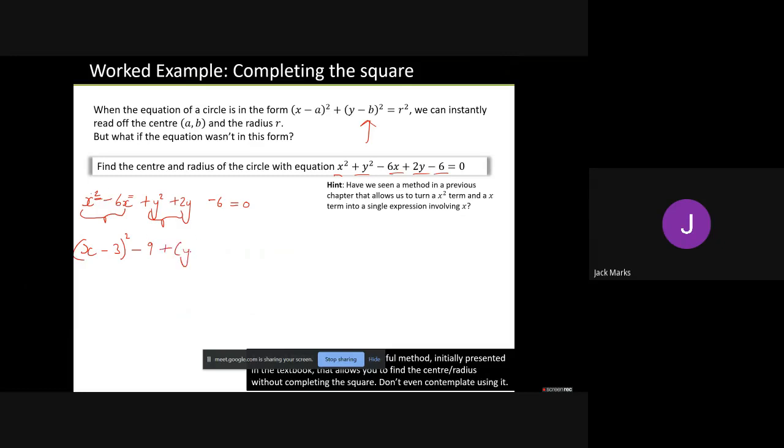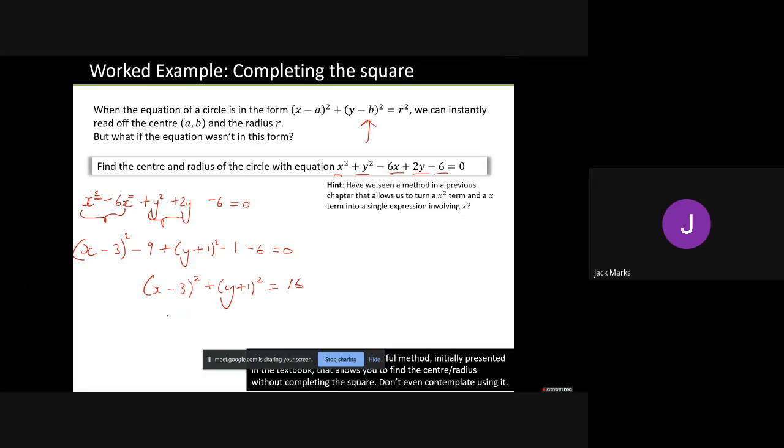So for the next part, y plus 1 squared, and then minus 1, because it creates an extra 1. And hopefully you can see we keep the brackets on one side, and we can move the numbers to the other side. So add a 9, add a 6, add a 1.